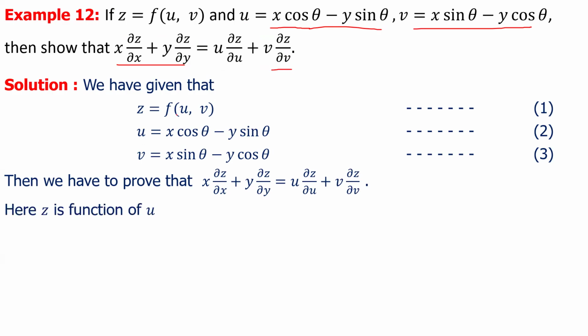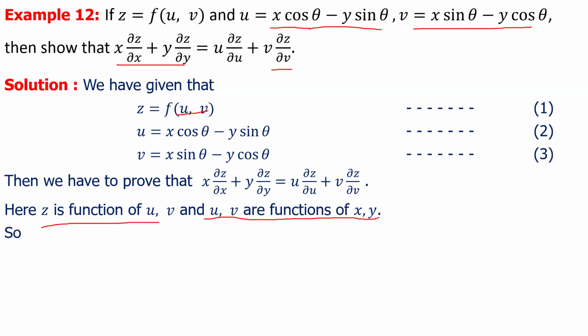Here z is a function of u and v, and u and v are functions of x and y. So z is a composite function of x and y.